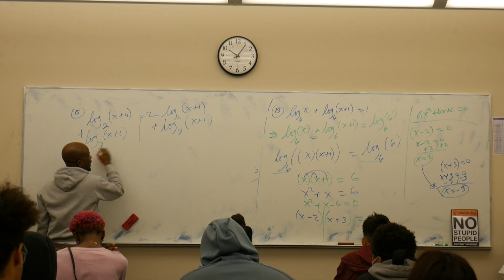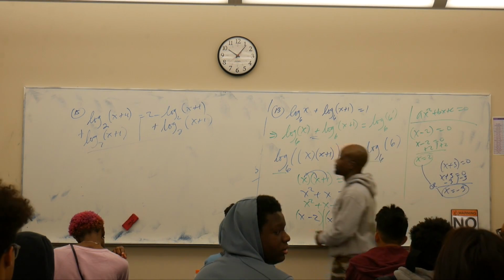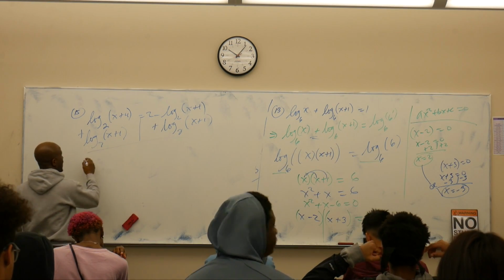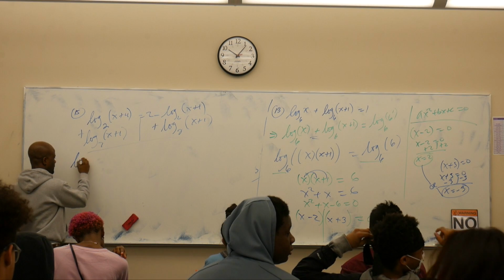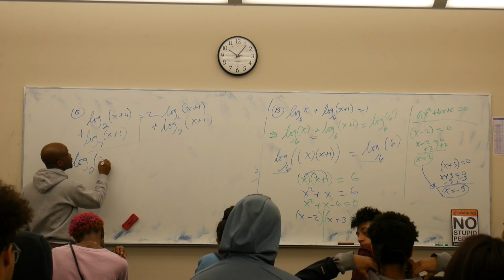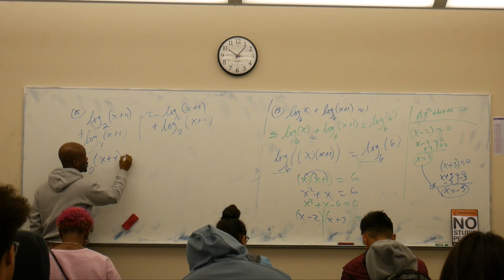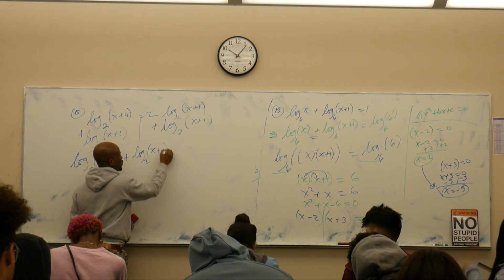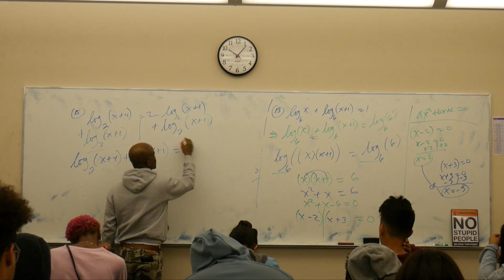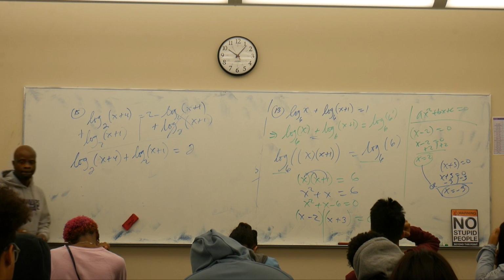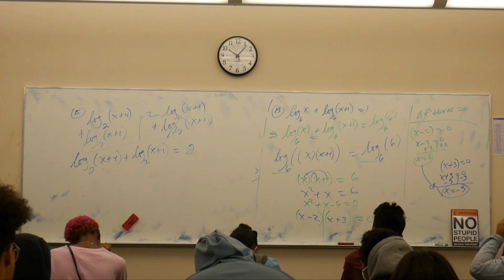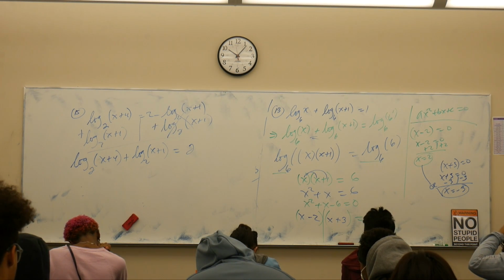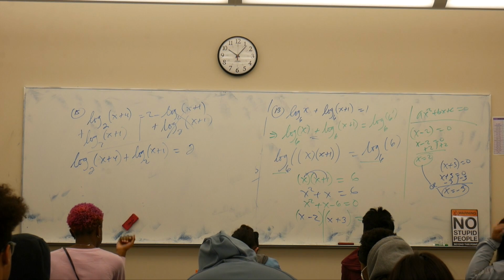Whatever we do to one side. Okay. So I have log base 2 of x plus 4 plus log base 2 of x plus 1 is equal to 2, because this is now gone. All right?